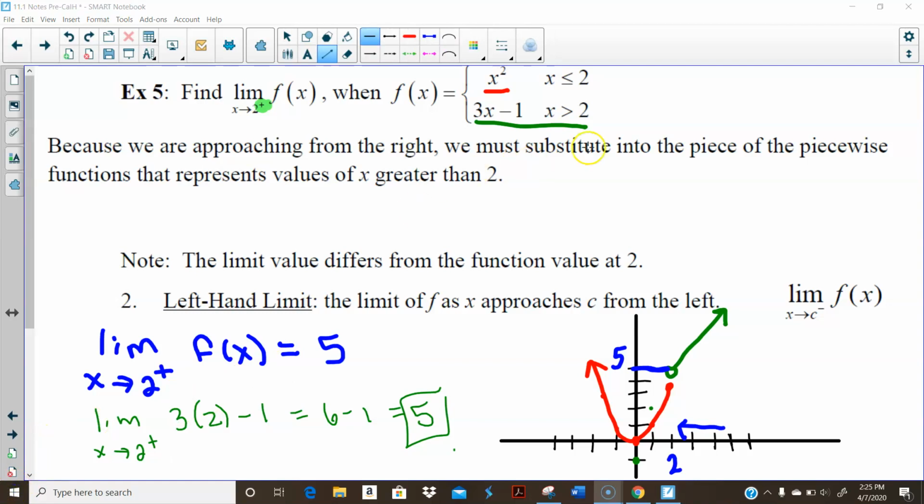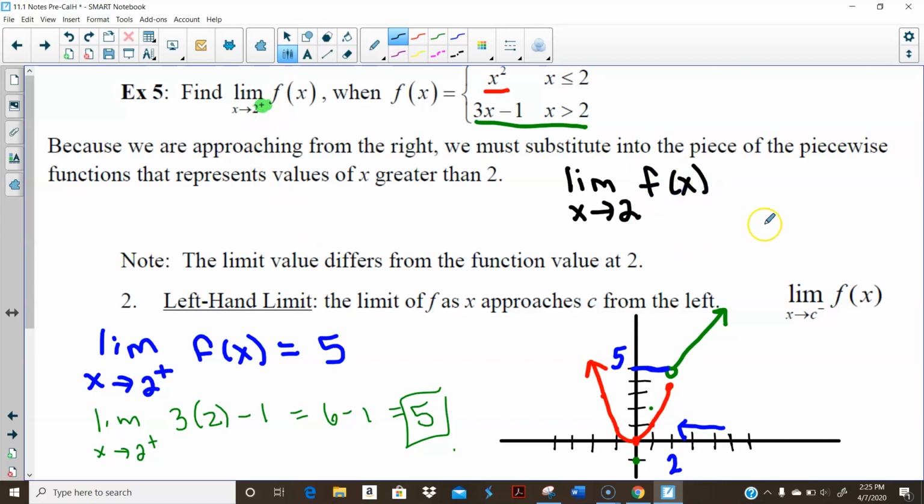I do want to point out, if the problem was asking you for the limit as x approaches 2, and I didn't specify the right-hand side, then the limit as x approaches 2 of f of x is going to equal, do you know?